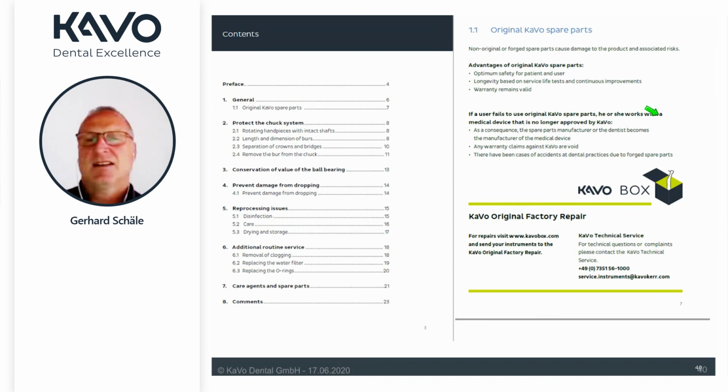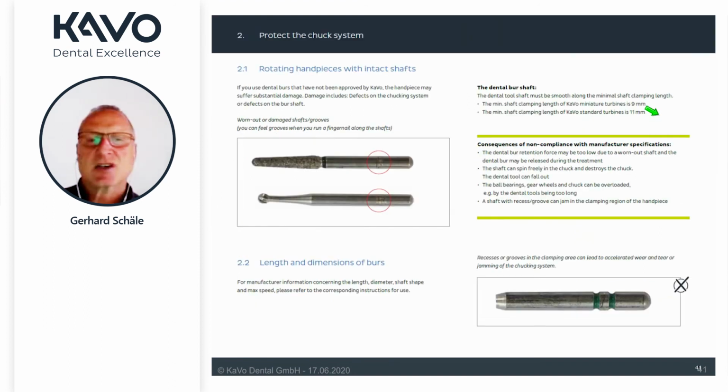And this is the guarantee for you that when instruments are maintained in the KaVo service stations at Biberach, at Warthausen, or in our subsidiaries worldwide, we can guarantee you the best service, and we can guarantee you also a 1-year guarantee on the service done. This is important. If you are interested, go on our website, download it, because it's not only the question of the service, it's also protection, and everything will be described. The do's and the don'ts.